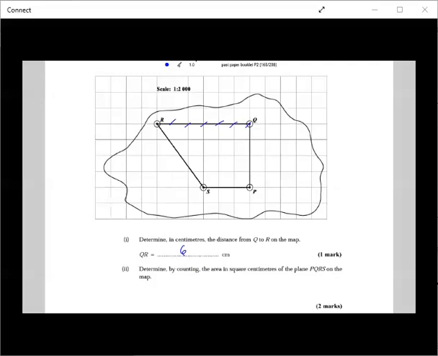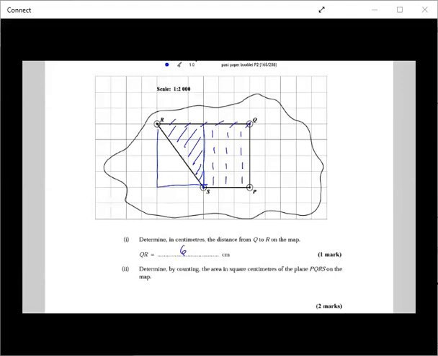Then we're asked to determine by counting the area in square centimeters of PQRS. So let's count them. They said we should count 1, 2, 3, 4, 5, 6, 7, 8, 9, 10, 11, 12. All right, I'm not going to count the other. I guarantee you 100% that this must be 6. How do I know that? If I did this, I would have gotten another 12.